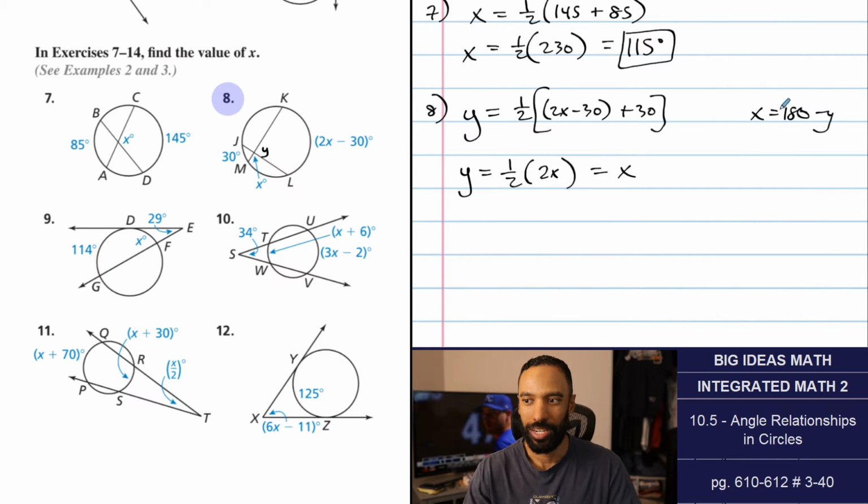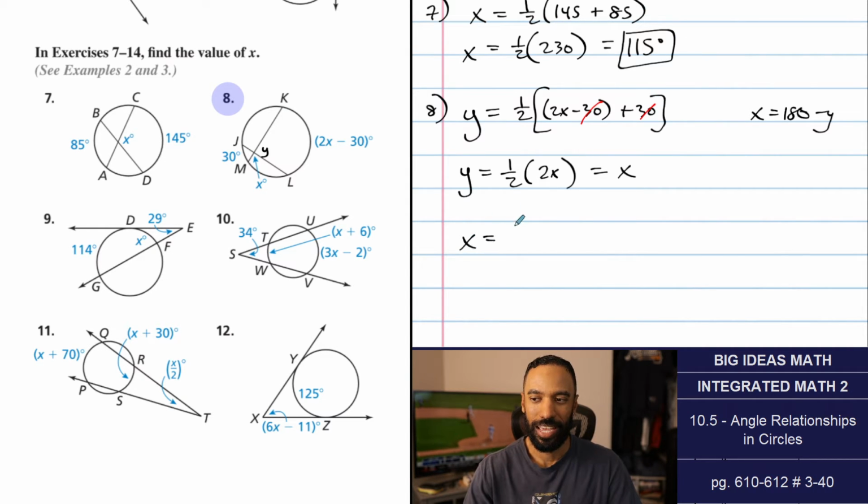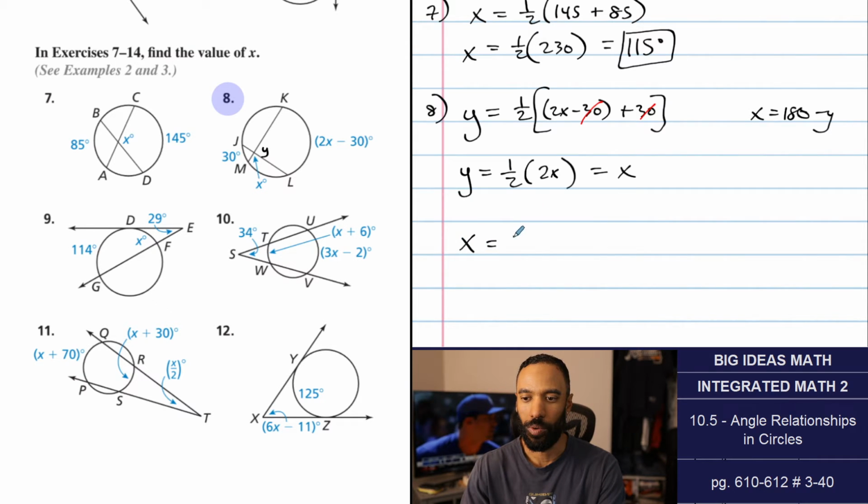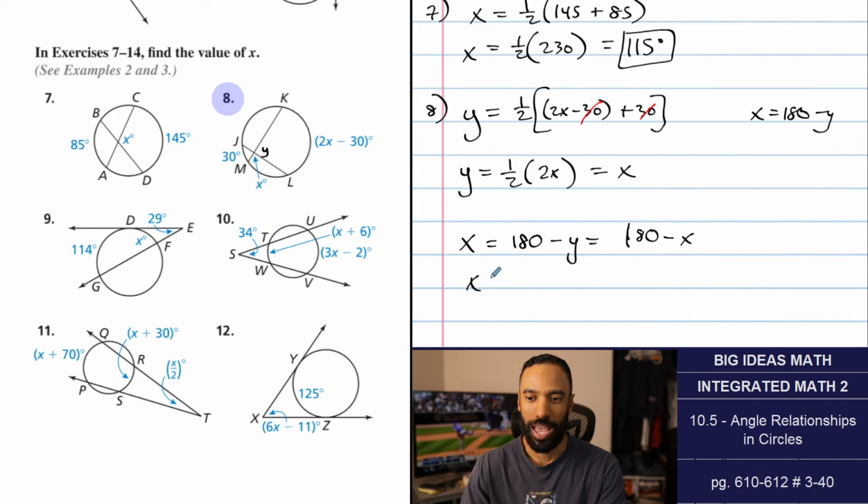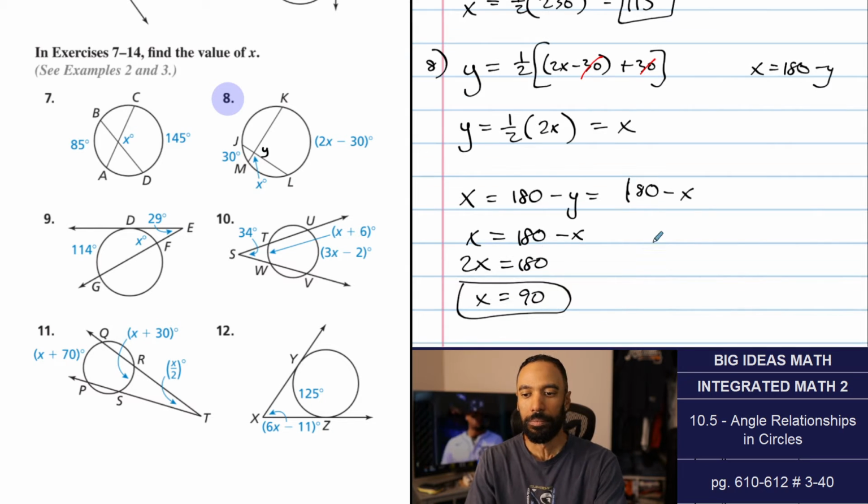That's weird, because now I'm going to have an x here. X is 180 minus y. So x is 180, what am I doing? Not 1/2. X is 180 minus y, which is now, if y equals x, that's 180 minus x. So x is 180 minus x. Sorry, this is really weird. Add x to both sides and divide both sides by 2. You get x equals 90.